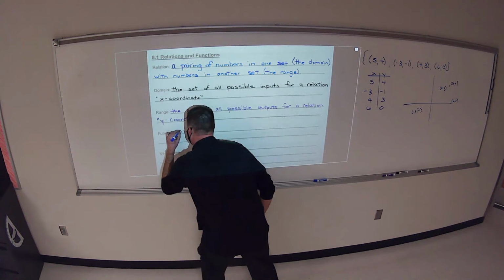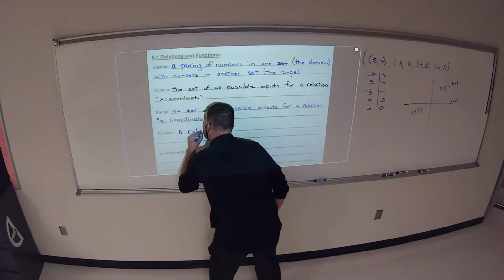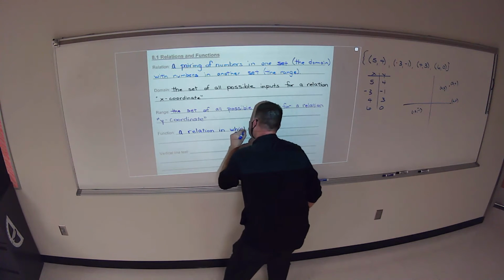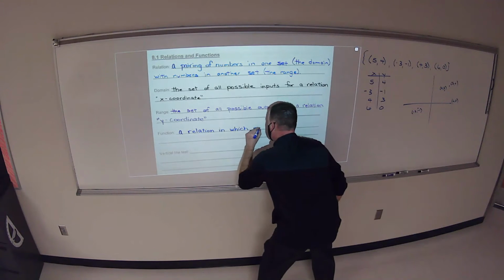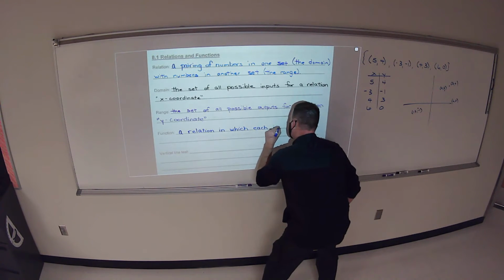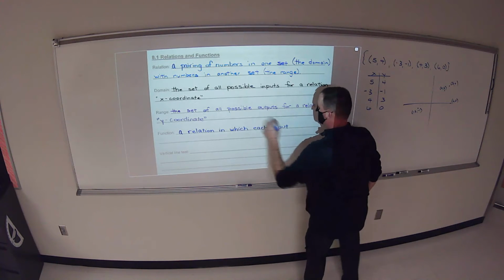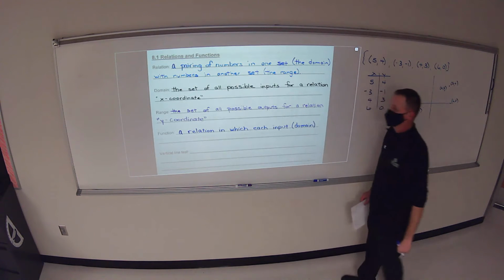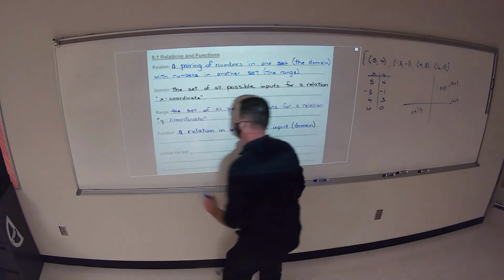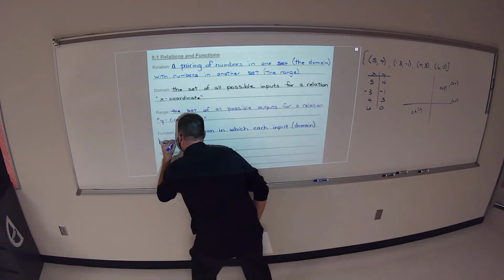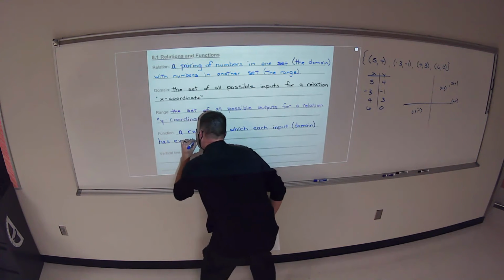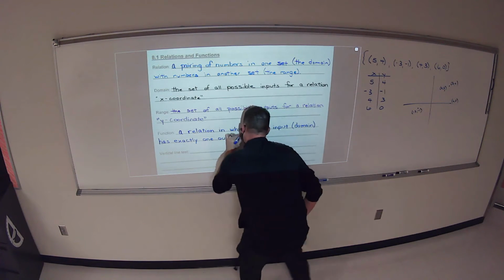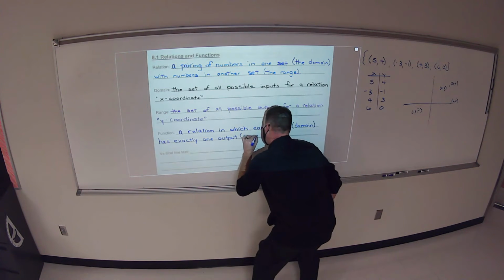This is a relation in which each input, which I'm going to talk about here as our domain, has exactly one output, which we talk about when we discuss our range.